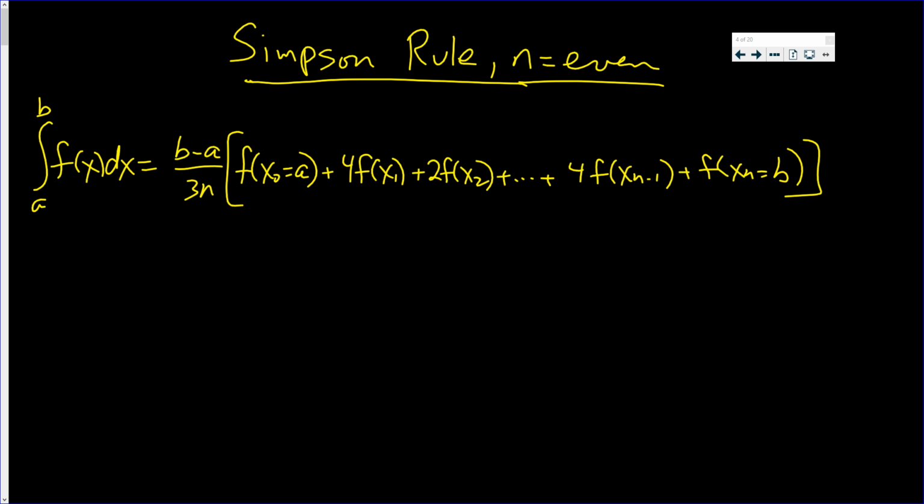The integral from a to b of f of x dx is equal to (b minus a) over 3n, times f of a plus f of x1 plus f of x2, eventually f of x(n minus 1), and then f of b, where when you go from x0 to x1, you added delta x, which is (b minus a) over n.